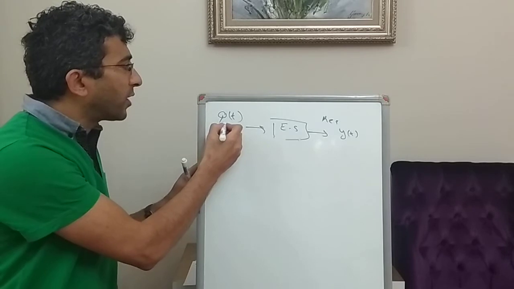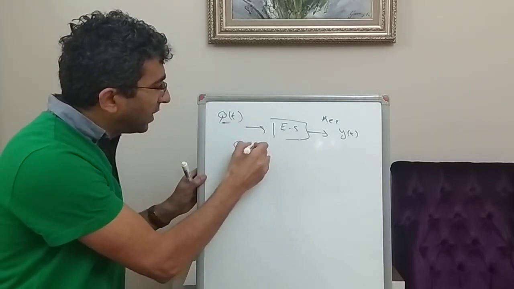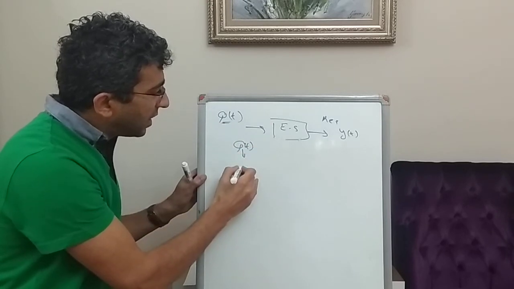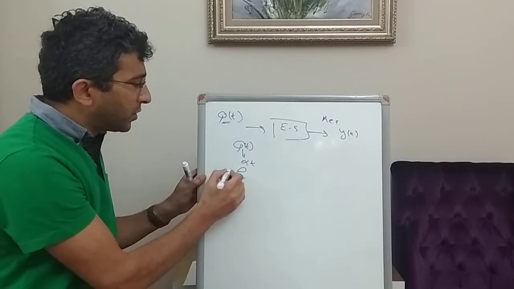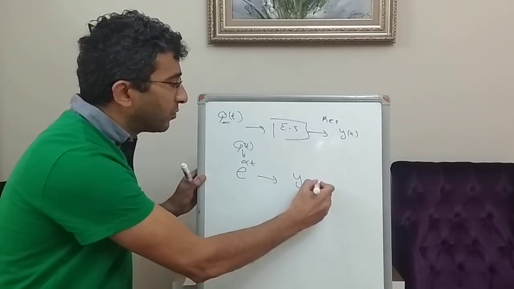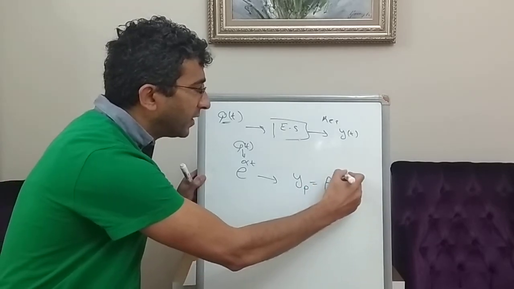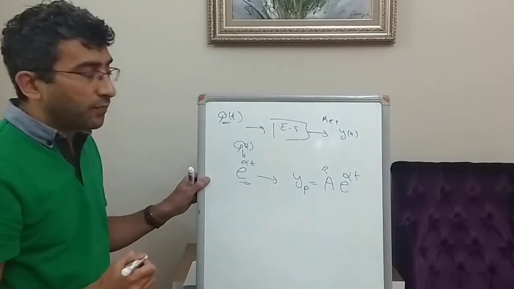It works if your function is exponential. So if your q of t is e to the alpha t, any number here, you assume that your particular solution is equal to a e to the alpha t. It has the same form, but we have to find a.